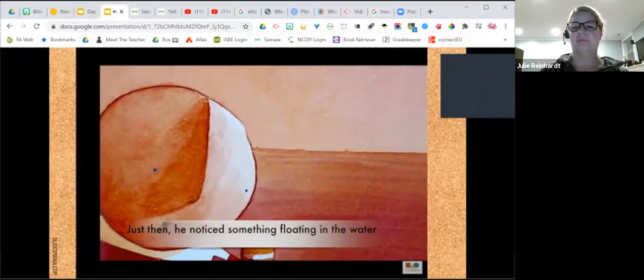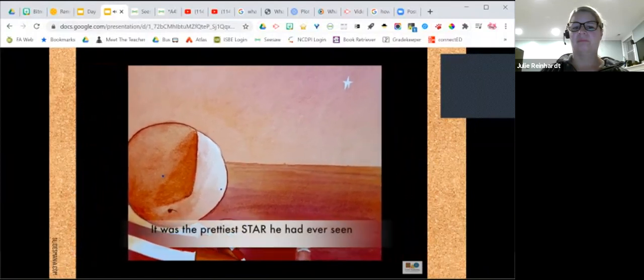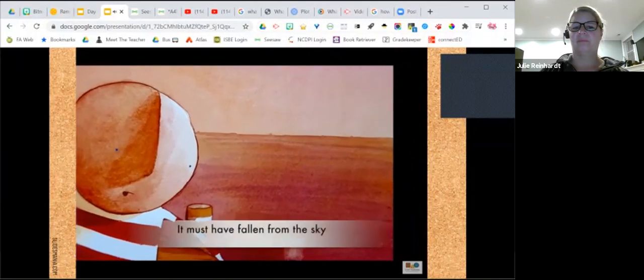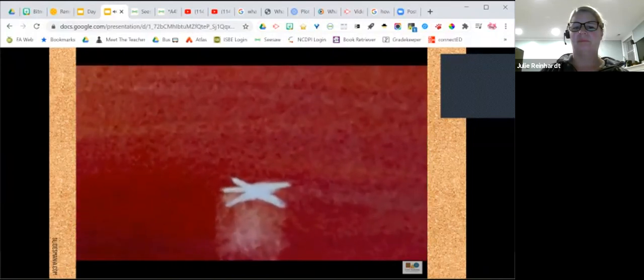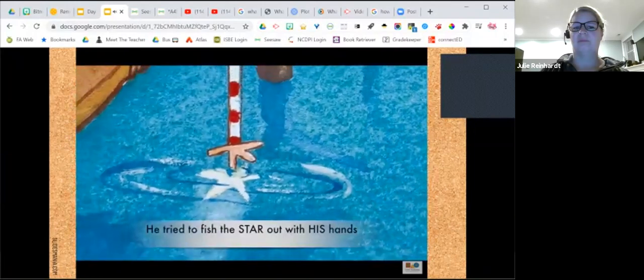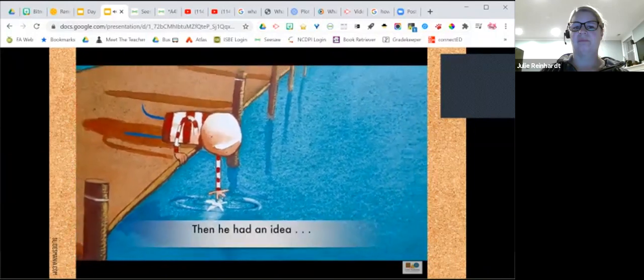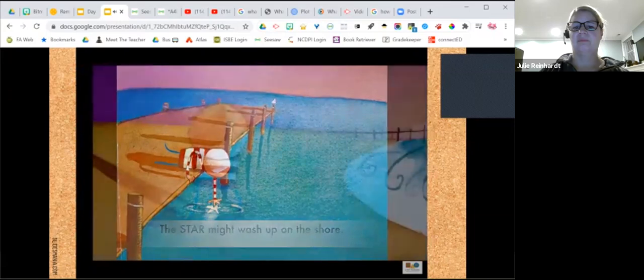Just then, he noticed something floating in the water. It was the prettiest star he had ever seen. Just a baby star. It must have fallen from the sky. He tried to fish the star out with his hands, but he couldn't reach it. Then he had an idea. The star might wash up on the shore.